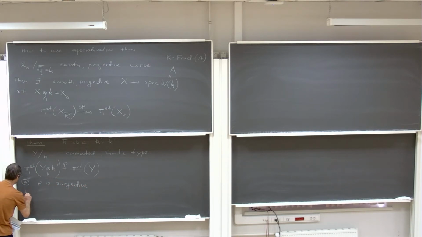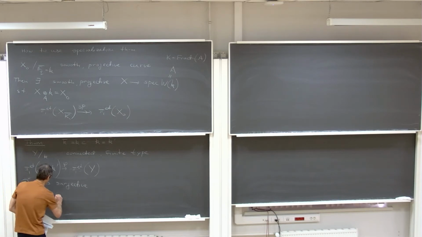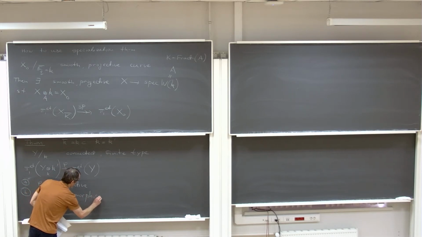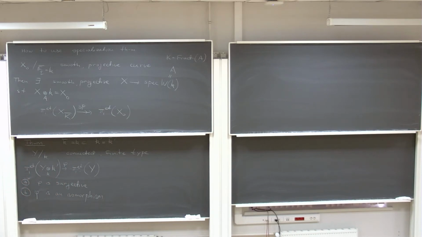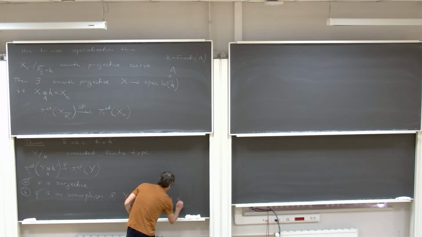And secondly, phi is an isomorphism if one of the following two conditions is satisfied: if Y is proper, or the characteristic of the base field is 0.